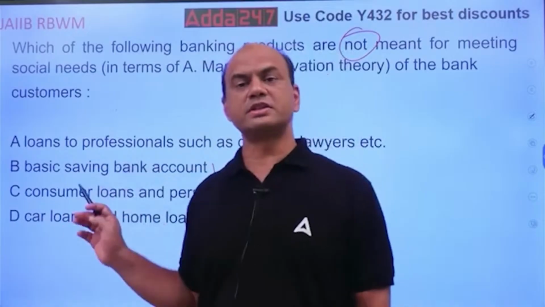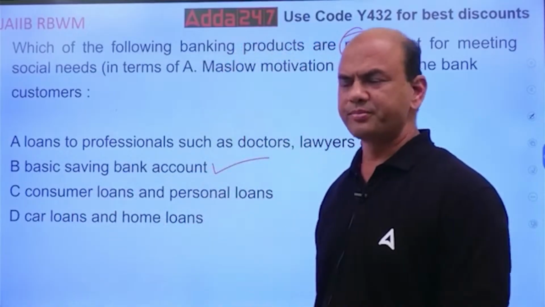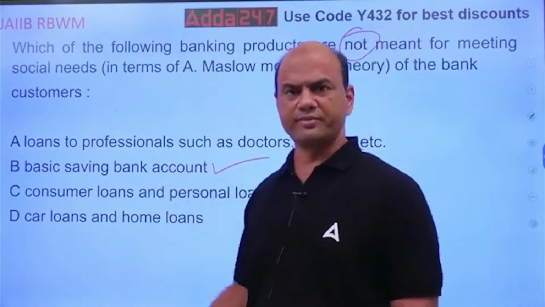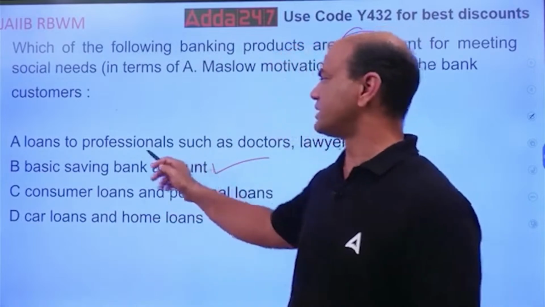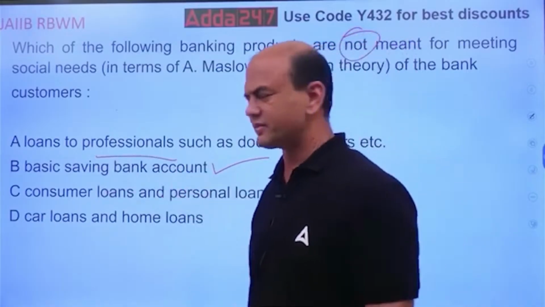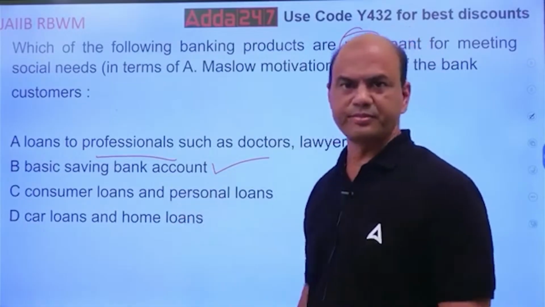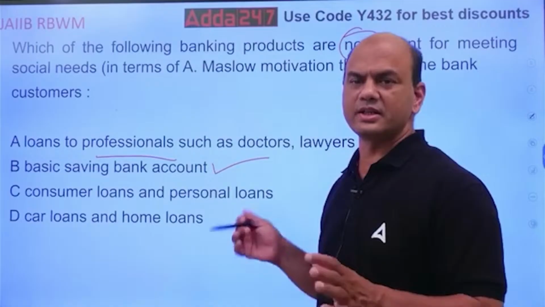These are for physiological, mainly physiological needs. Also safety, sometimes you can say. Social needs not required. Loans to professionals, yes, these are required. Professional means doctors, lawyers, everyone. Consumer loans and personal loans are required, right? Because these are the growing sectors here.